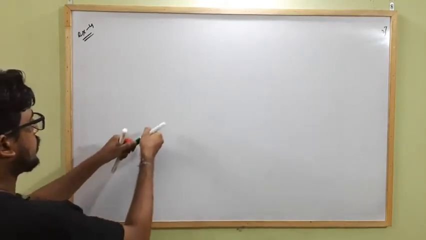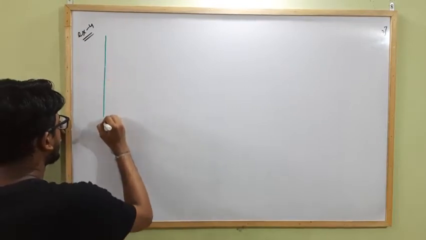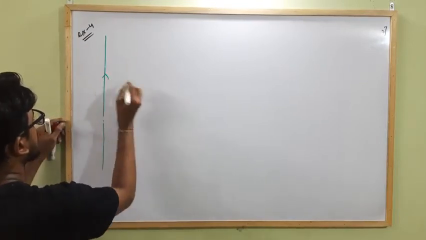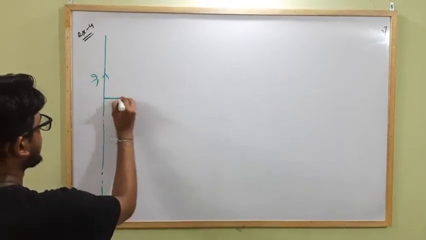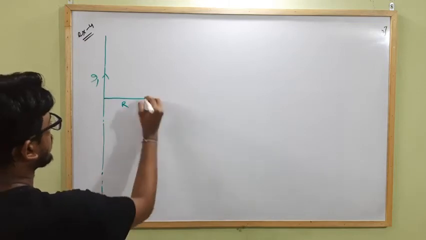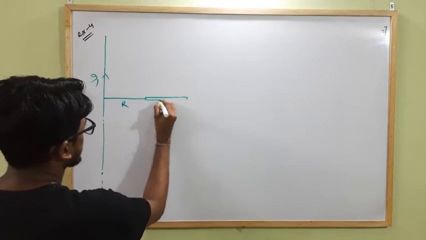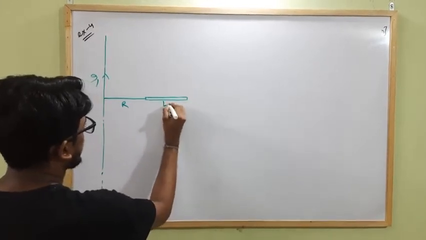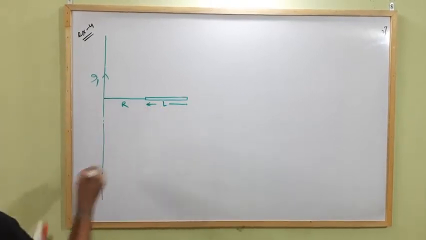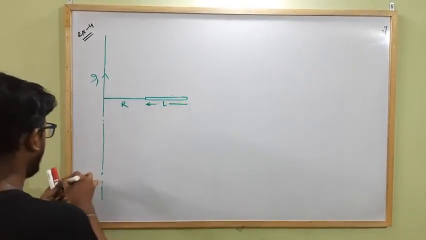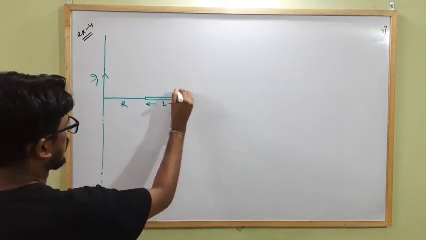Here is the current carrying conductor of infinite length. Again the same type of question. There is a current carrying conductor carrying current I1 of infinite length, and at a distance r there is a current carrying conductor which is placed like this, of length L. Now the current flowing through it is I along this direction.